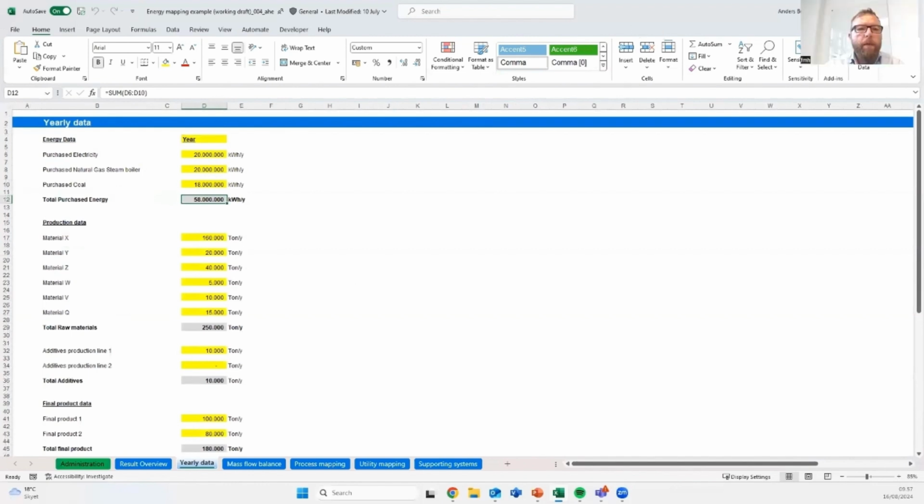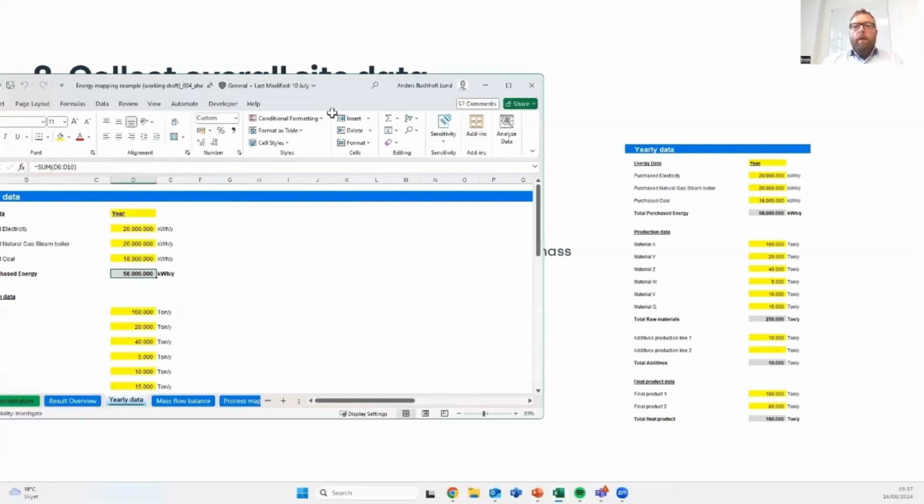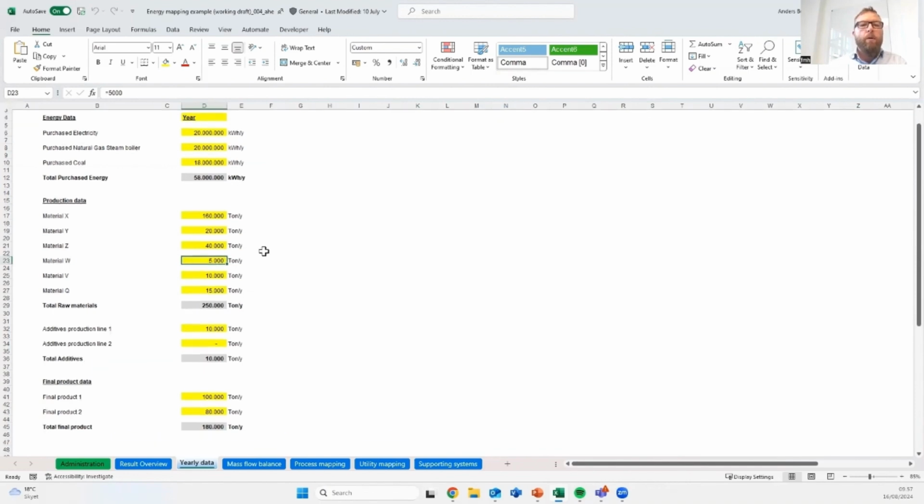One comment, Anders, to the sheet is the idea is that all this information is almost every time available on site, because this is the amount of energy that you purchase, the amount of raw material that you put into the production, and also the output from the production, so all the products that are leaving the process.